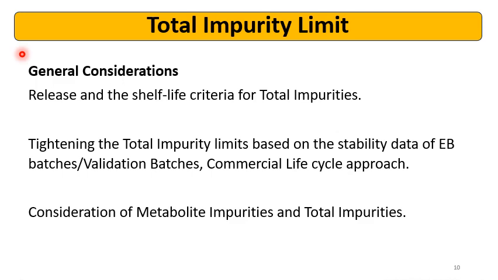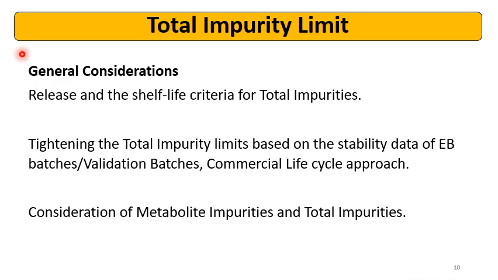Then at that time we should consider tightening or relaxing the impurity limits, and these are taken on a case by case basis, and this differs product to product. Also, the storage conditions are required to be taken into consideration.